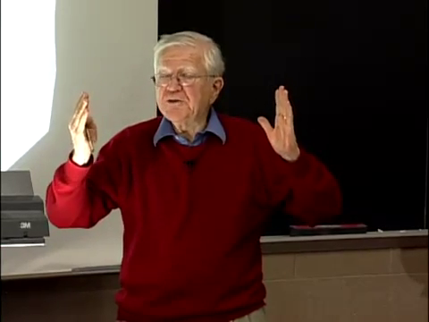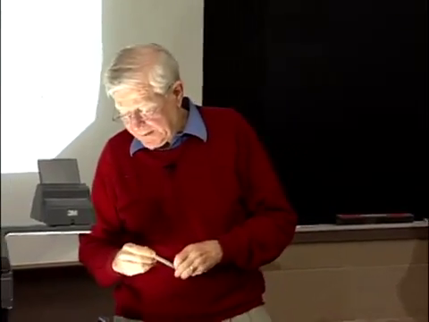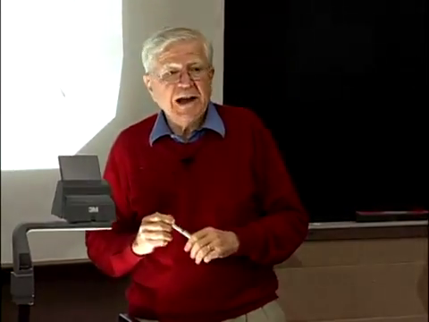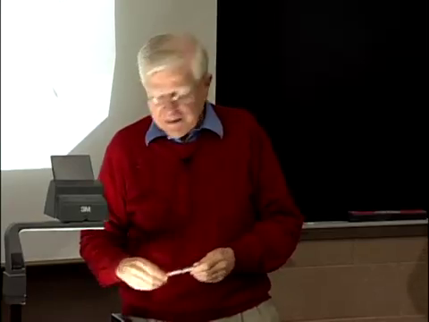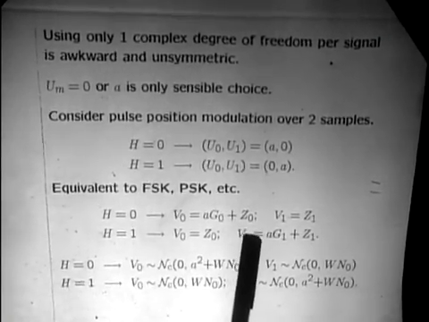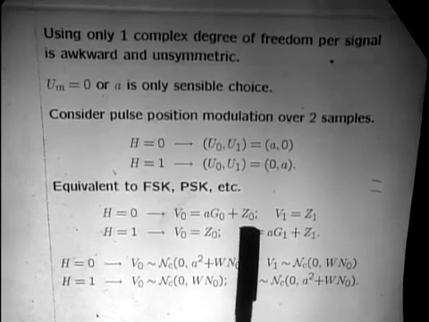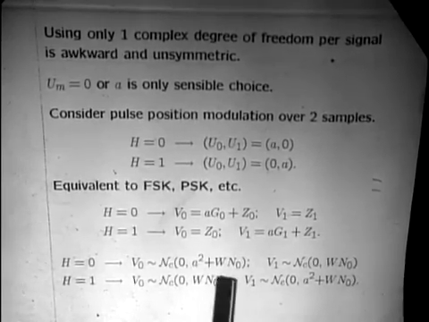We only send energy in half of those, so the actual power that we're sending is a squared divided by 2. Because of that, when we normalize the noise the same way the signal is normalized, we get this variance WN0.